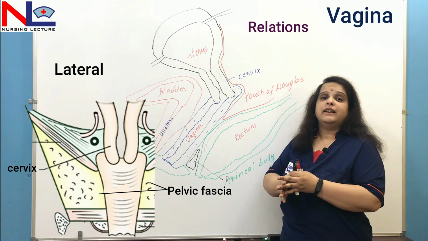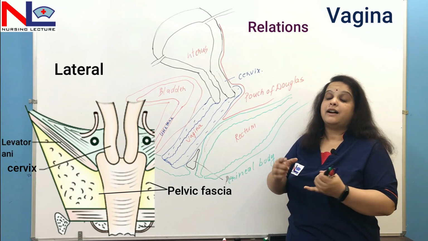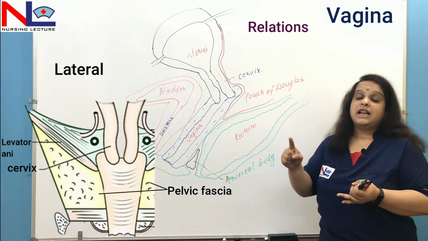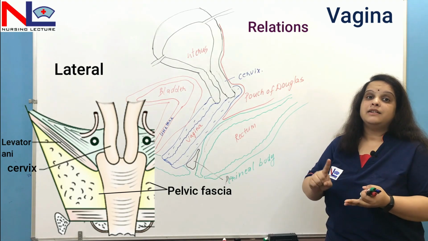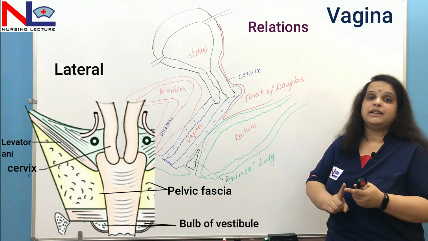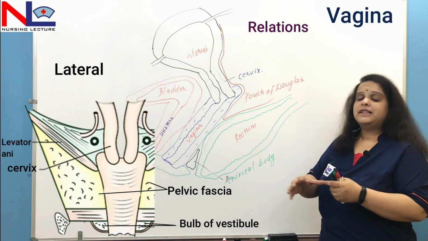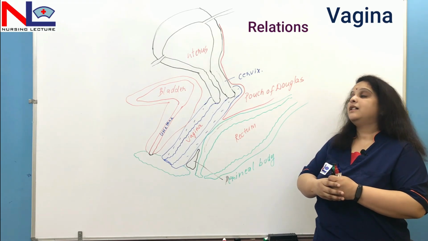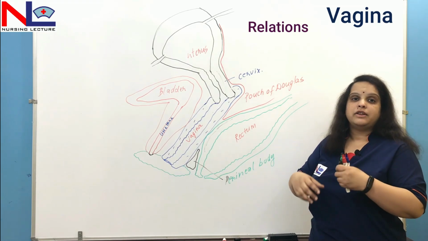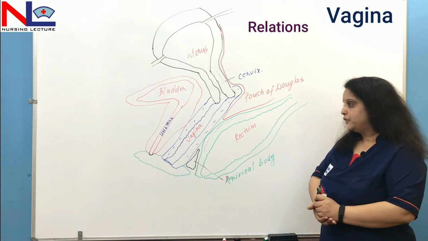And on the lateral lower aspect, there are the levator ani muscle, bulbocavernosus muscle, bulb of vestibule, and the Bartholin gland. So these are the structures which lie on the anterior, posterior and lateral aspects of the vagina.